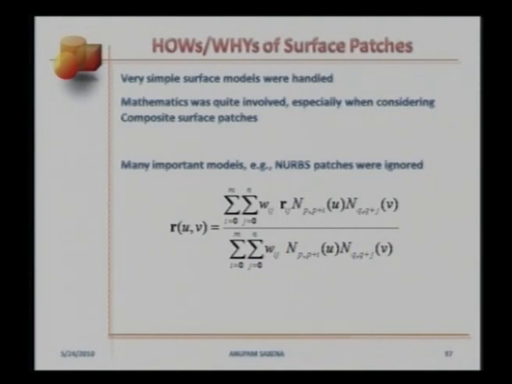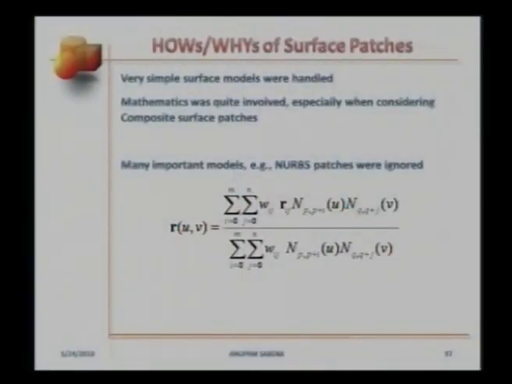I wish it was that simple, but again, the features, the generality offered by this mathematical expression is huge. Just that little piece of mathematical expression does not do justice to the subject of non-uniform rational B-spline surface patches.